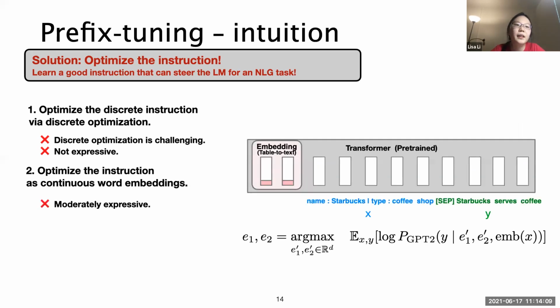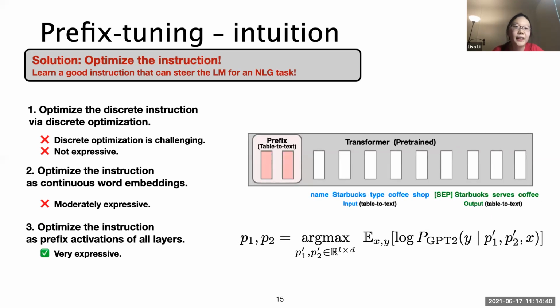Option 2 is to optimize the instruction as continuous word embeddings. Here, we optimize the input embedding of the first 2 slots, E1 and E2. This is more expressive than option 1, and this is easier to compute because we now have a differentiable function. But it is still constrained because we rely on the pre-trained parameters to compute the upper layers of the transformers.